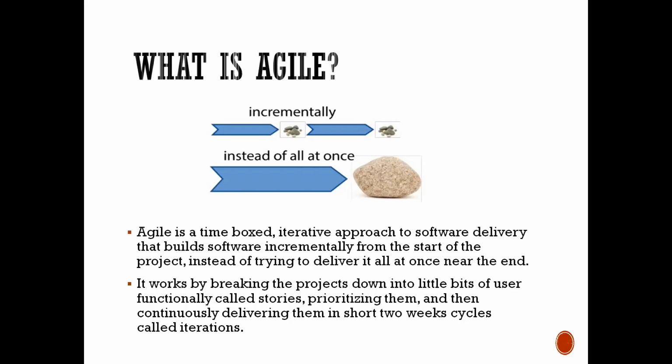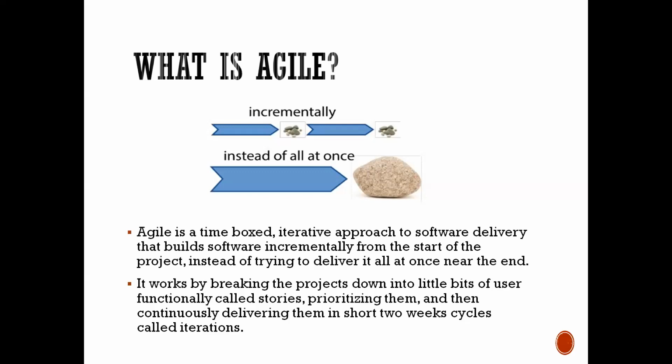The next point is, it works by breaking the project down into little bits of user functionality called stories, prioritizing them and continuously delivering them in short 2-week cycles called iterations. What it says is that while doing your project, you break it down into smaller parts, which are called stories.